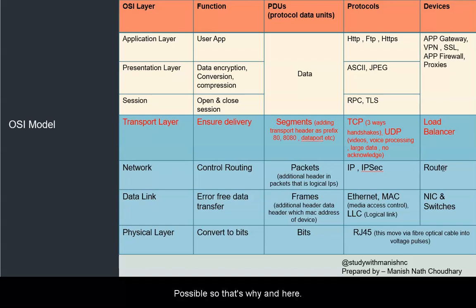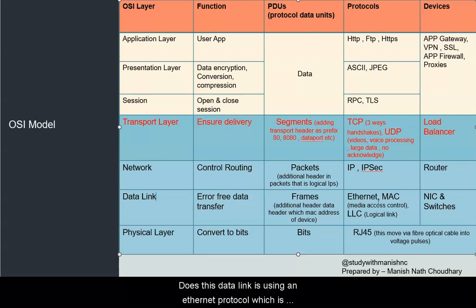So that's why, and here it is using a router. Then we will see the second layer, the data link layer. This layer uses a frame, where one more header is appended to every packet. It breaks the data down into frames, and every frame has one more header, which is the MAC address, showing from which device the data is being transferred.